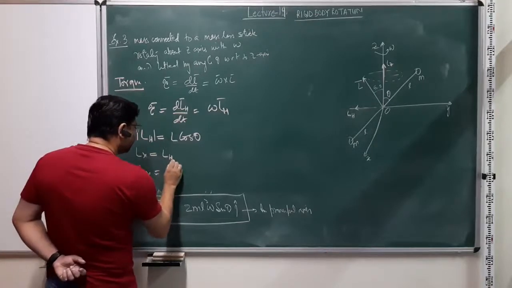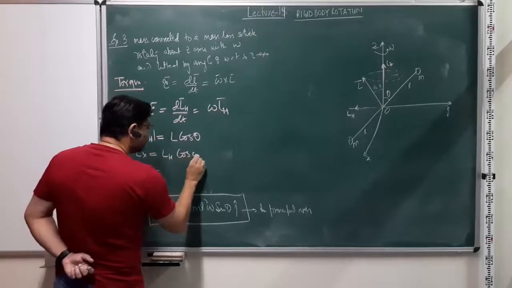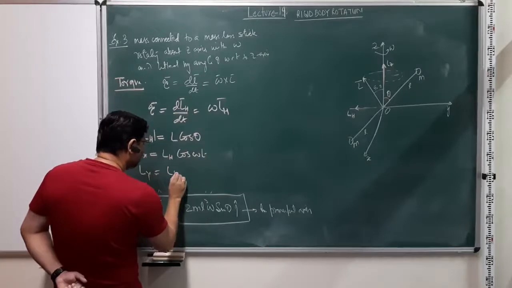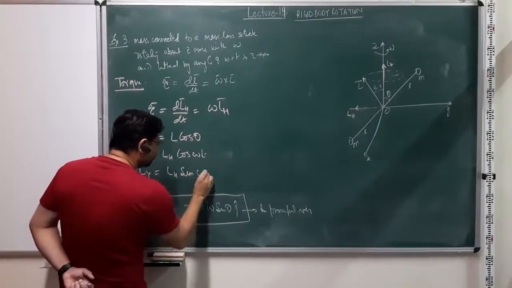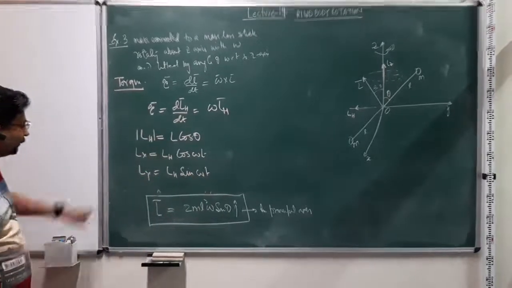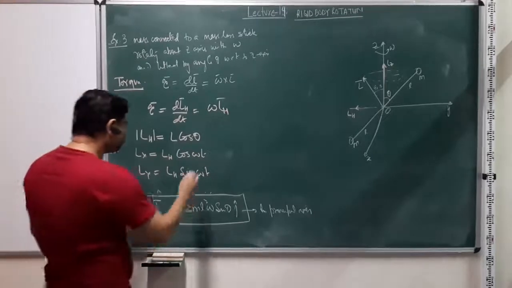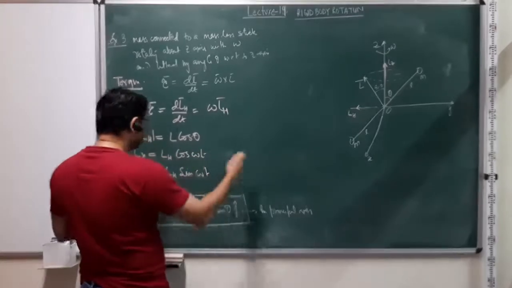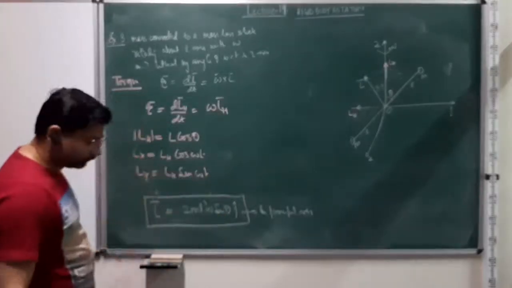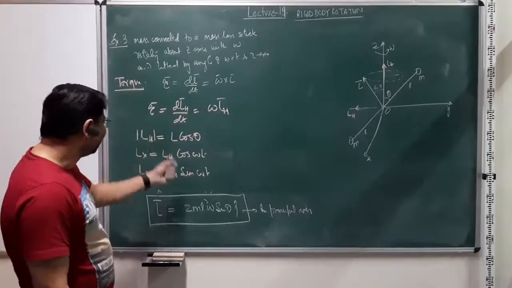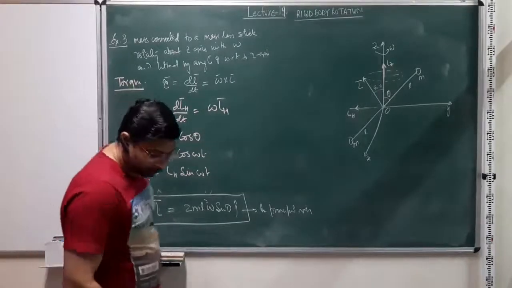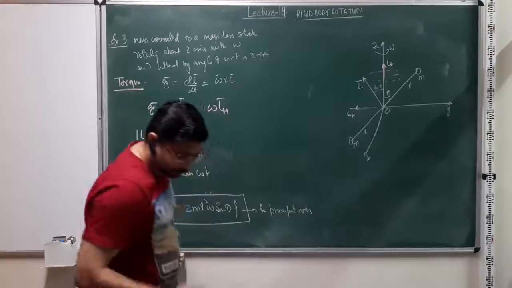So Lx will be LH cos omega t, and Ly will be LH sin omega t, right? This is Lx and Ly, and of course then LH will also be Lx i plus Ly j, and the magnitude will be similar. Right.